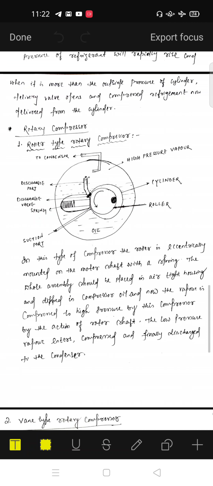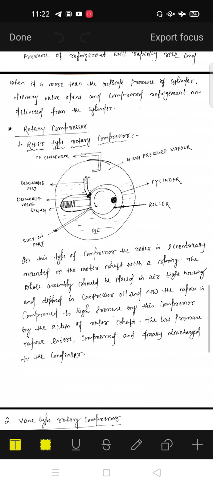So in this type of compressor, the roller is eccentrically mounted on the motor shaft with a spring. The whole assembly should be placed in airtight housing and dipped in compressor oil, and now the vapor is compressed to high pressure by the action of the rotor shaft.